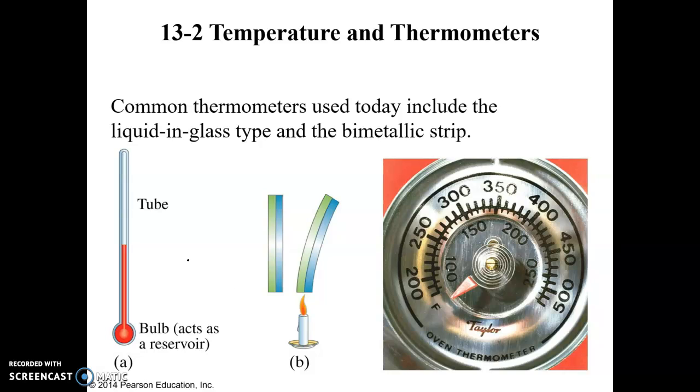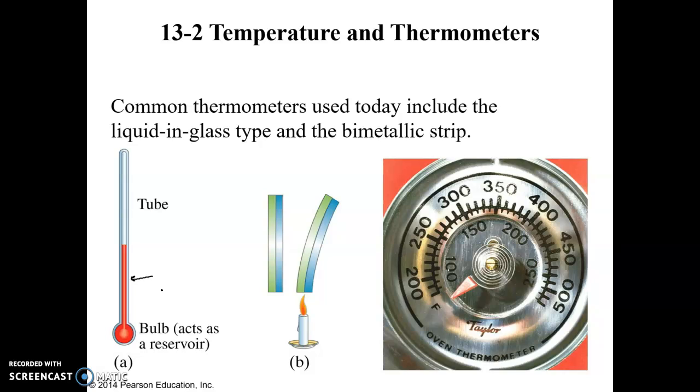Some other examples of thermometers, probably the most common one that you are used to seeing is a closed tube with a fluid inside it and a reservoir at the bottom. The fluid used in these types of thermometers used to be mercury.